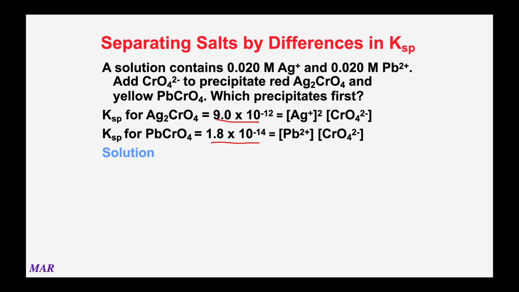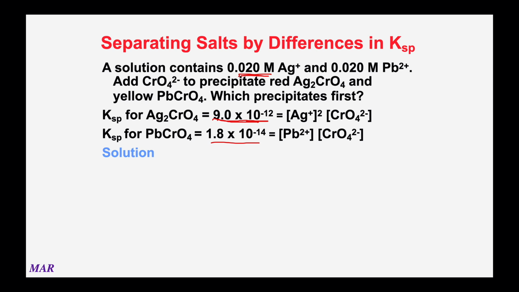Now, we're going to have two simultaneous equations going on at the same time. One will be the KSP for Ag2CrO4. So this 9.0 times 10 to the minus 12 number is going to equal the silver ion concentration squared times chromate, and we're going to solve for chromate, okay?